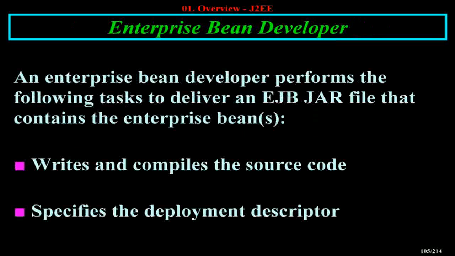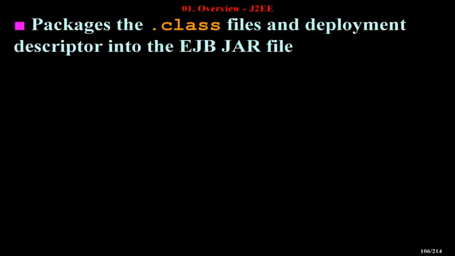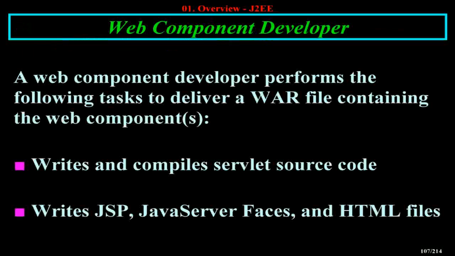Enterprise Bean Developer. An enterprise bean developer performs the following tasks to deliver an EJB jar file that contains the enterprise beans. Writes and compiles the source code. Specifies the deployment descriptor. Packages the class files and deployment descriptor into the EJB jar file. Web Component Developer.